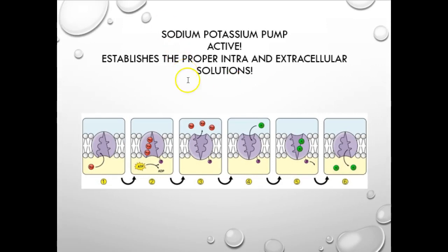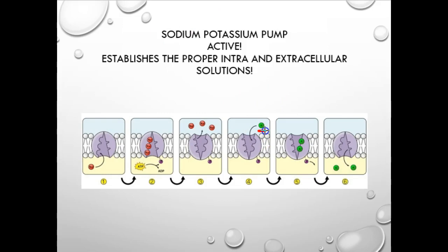Now, potassium in a resting cell is going to be on the inside of the cell, okay? That's just how a resting cell is. So if we're looking at a little resting cell, you're going to have more sodium on the outside, more potassium on the inside, and you can see it's represented there with K+ to the right.